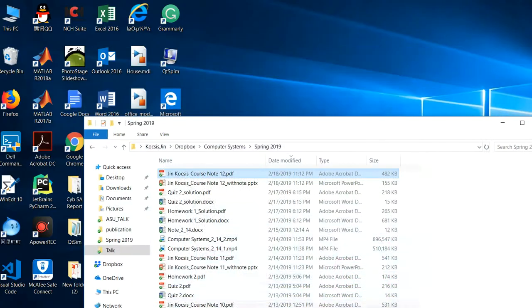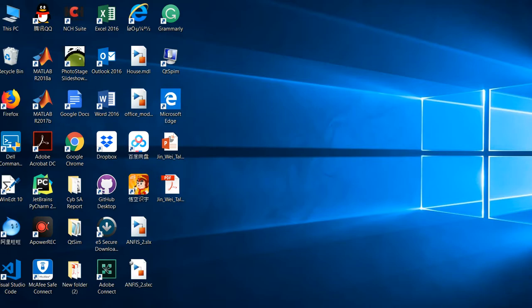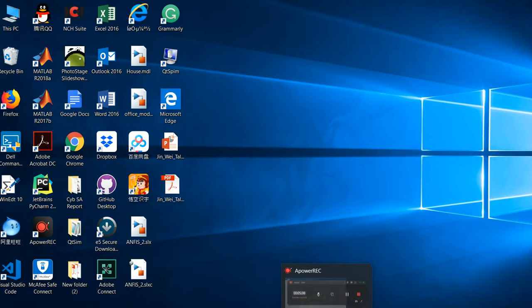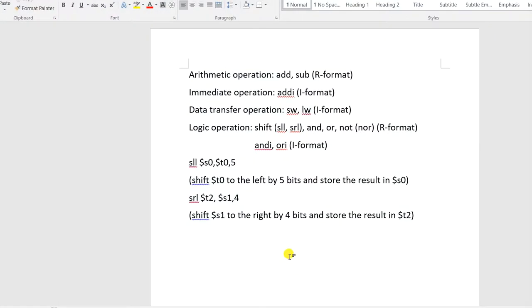Okay, so now let's try to figure out how we represent this shift left logic or shift right logic using the machine language.